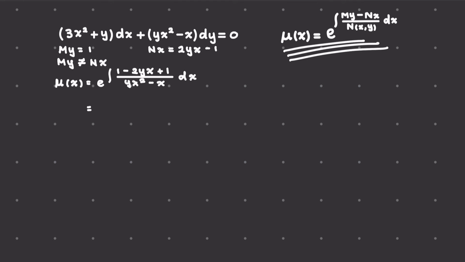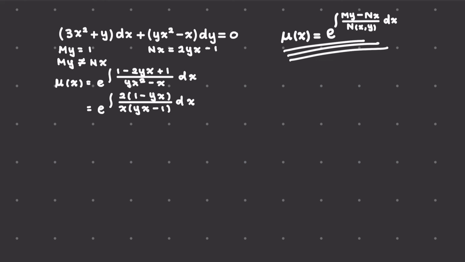And if you're faced with an integration like this one, don't panic. Just simplify it to the simplest form you can. So 1 plus 1 is 2, and 2 minus 2yx, we can pull out the 2, and this becomes 1 minus yx over, at the denominator, we can pull out all of the x's, which makes it x times (yx − 1) dx.